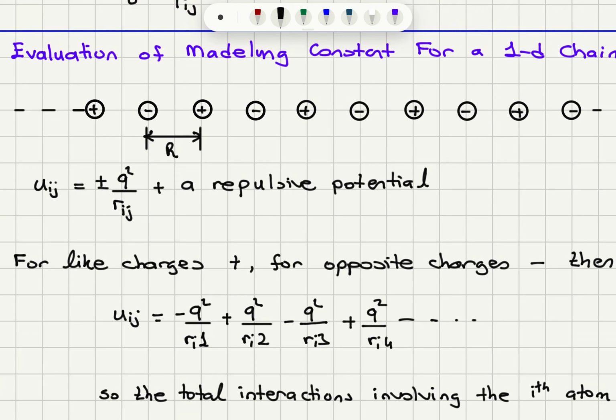So Uij is minus q square over Ri1. So if I call this atom the ith atom, this is the first, this is the second, this is the third, etc. Then I will have minus q square over Ri1 plus q square over Ri2 minus q square over Ri3, the distance between the ith and the third atom, etc.